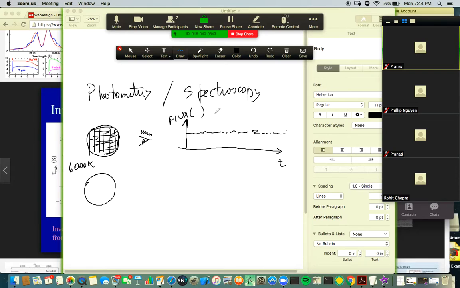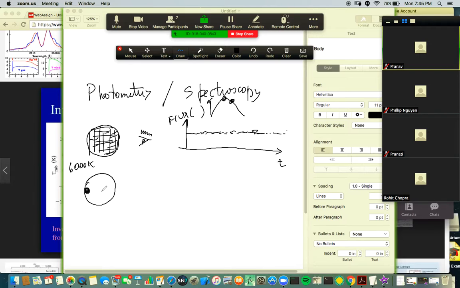Since the star is a perfect black body, you should be able to take the peak flux of that star, and it should always be the same because the star is perfect. But let's say that now you have a spot that comes out, and just to make our life simple, let's make the spot a perfect circle, and the star is also flat.